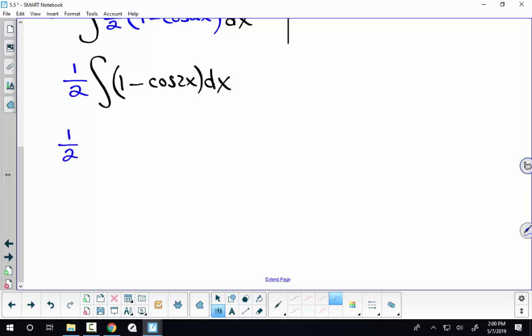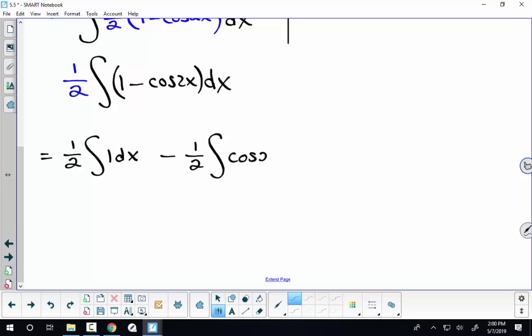So we have our 1/2 times the antiderivative of 1 with respect to x, minus 1/2 times the antiderivative of cosine 2x with respect to x. So basically we're just distributing those symbols that aren't in the parentheses into the parentheses.